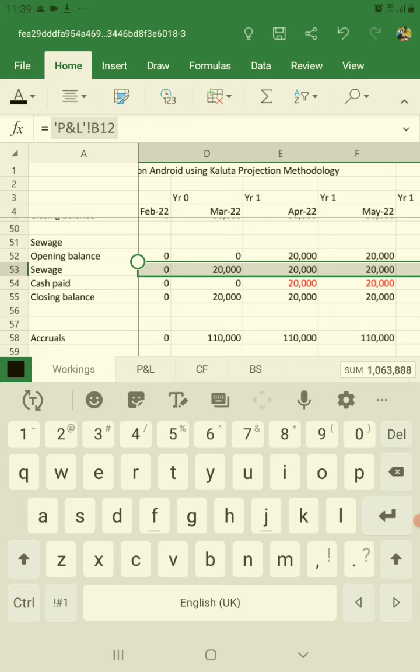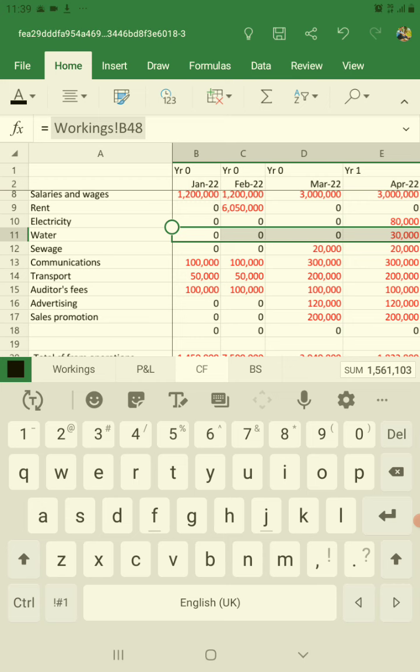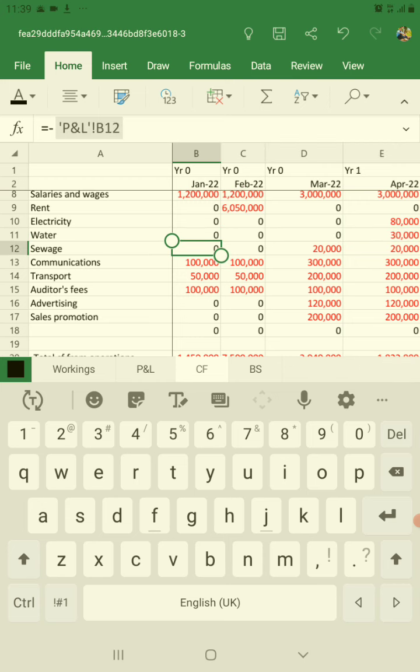So what remains right now is simply to go to cash flow, change here in the sewage sections January. I change formula.